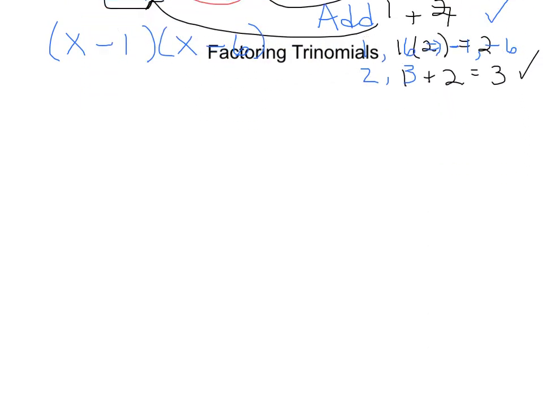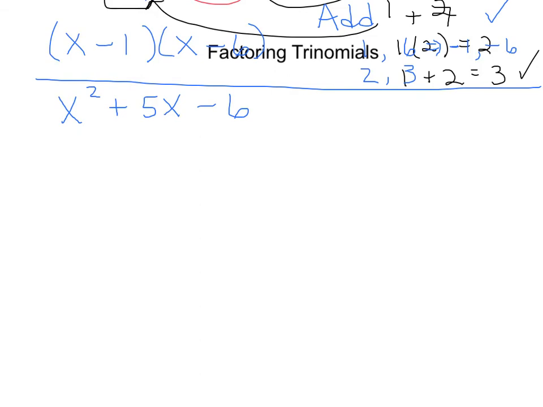So let's try another one. This time, again, very similar problem. But now we are changing the middle number completely. So x squared plus 5x minus 6.